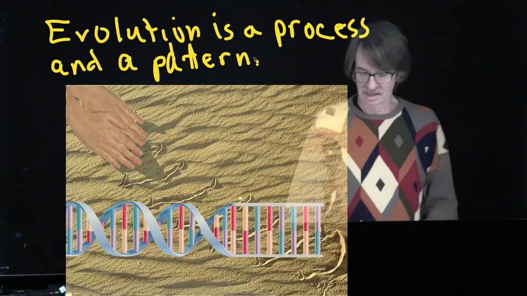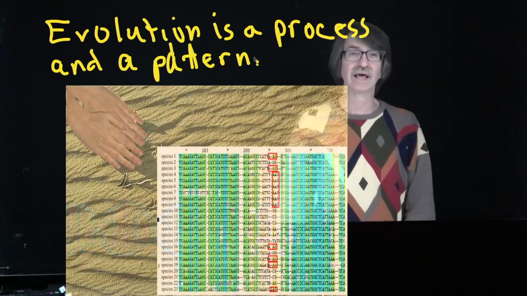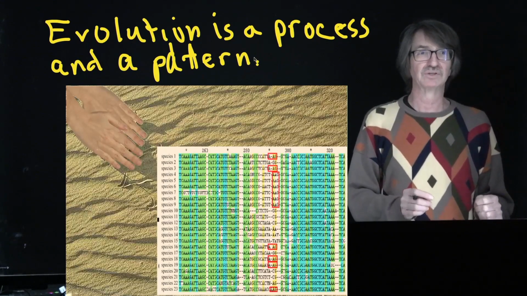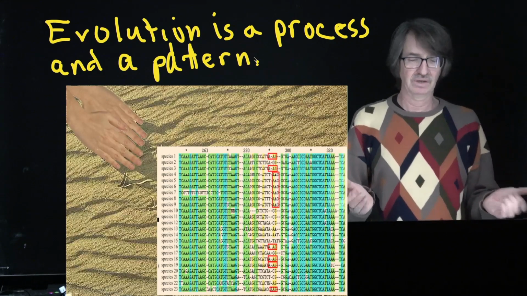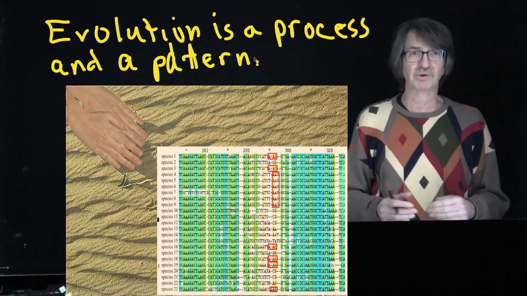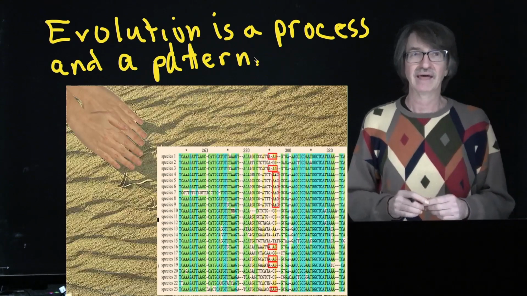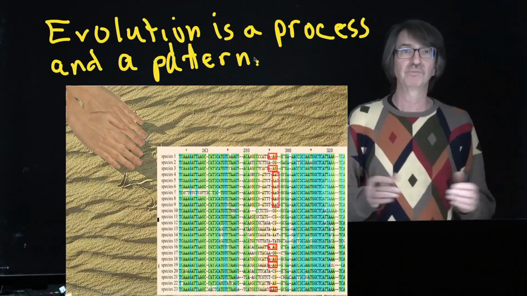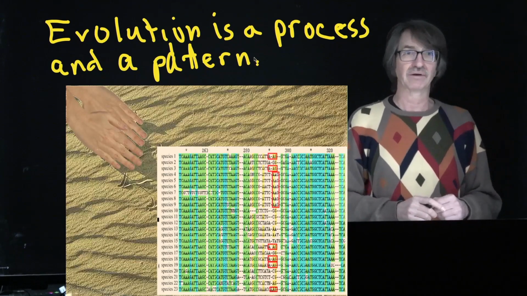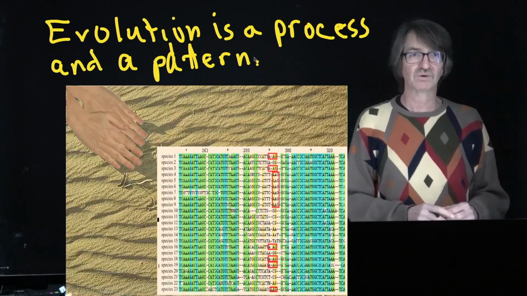And here's an example of how the data is used. This is using the DNA sequence information to look at what the protein would be for a human insulin protein. And then using a computer to line up that DNA sequence for the human insulin protein to insulin genes in other animals, dogs and cats and so forth.